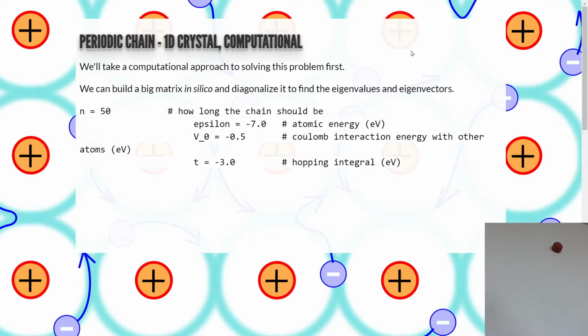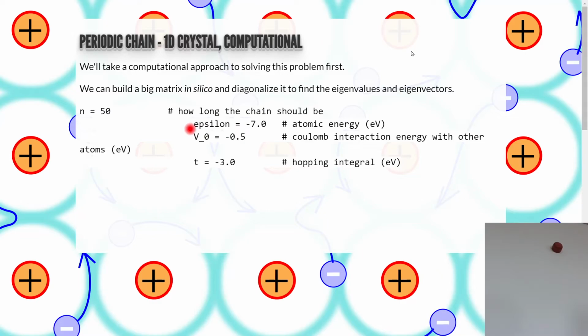So what I've done here, I've got all the code and fire up. Let's just do it. Build a big matrix. We're okay with this term, diagonalize it, find the eigenvalues and eigenvectors. I'm finding the eigenvalues and eigenvectors of this matrix H that we've just spent a long time defining.